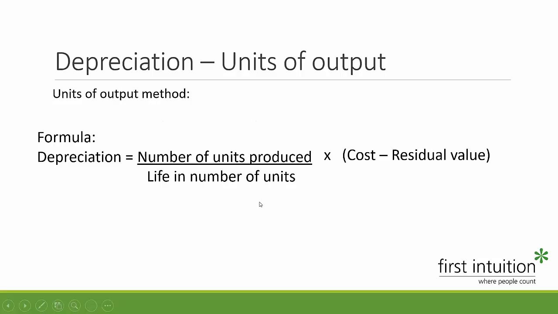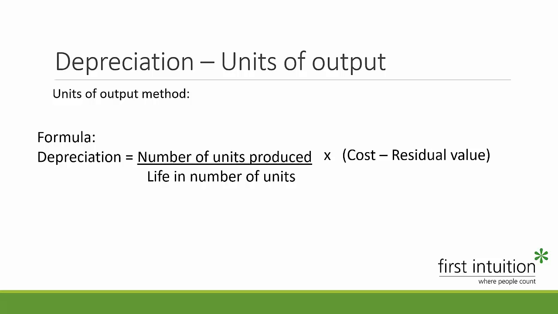Your formula for this one is a bit more long-winded, but it's relatively straightforward. Your number of units produced in the year divided by life in number of units. When we use that term, we simply mean how many units we are anticipating that asset will produce. So, for example, if we have just bought a machine and we anticipate that it will produce 10,000 units, that is our life in number of units: 10,000 units over its lifetime, not the year.